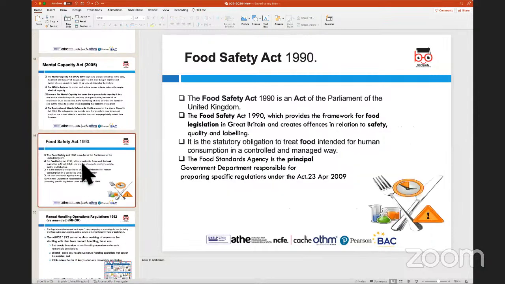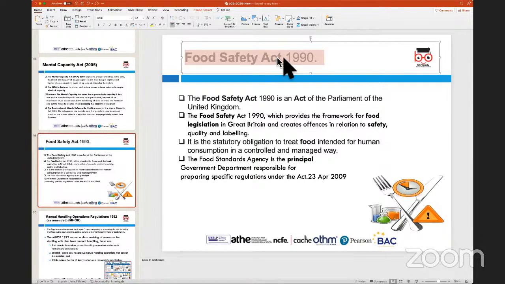Now, some of the other acts that we look at, which are important as far as the health and social care sector is concerned, typically tend to be the Food Safety Act of 1990. Now, when we talk about the Food Safety Act of 1990, this was an act introduced in 1990 by the Parliament.